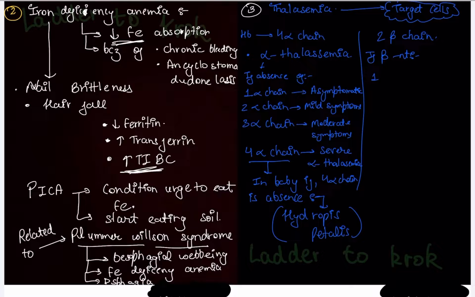If the first beta chain is absent, it's like minor beta thalassemia. And if the second beta chain is absent, then this is major beta thalassemia.